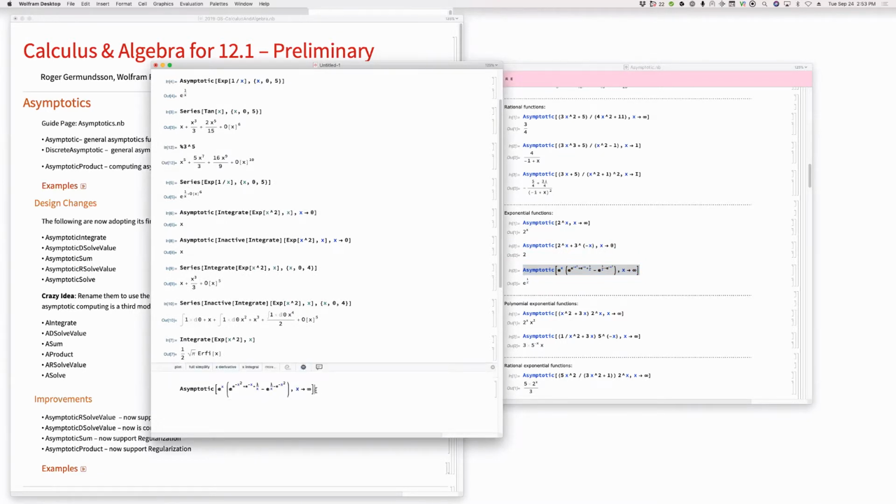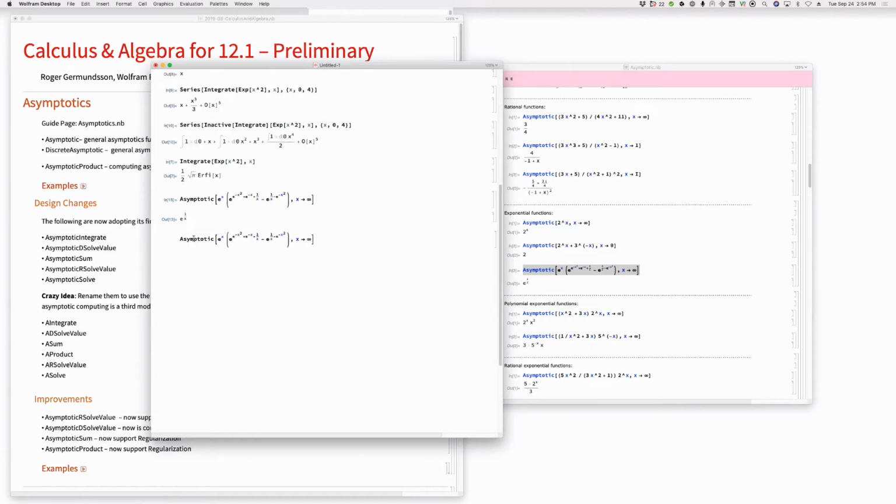I mean, look at this case. Let's take a look at that case with a series. Can we do a series expansion around infinity? Yes, you can. Okay, so let's take a look at what this is doing relative to that.